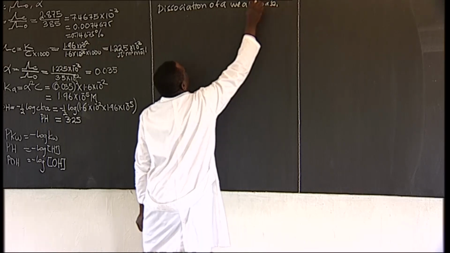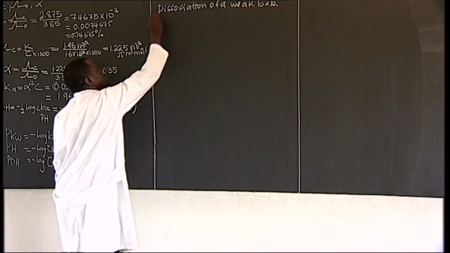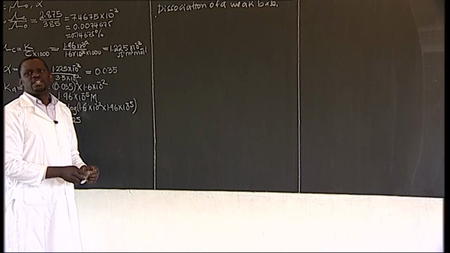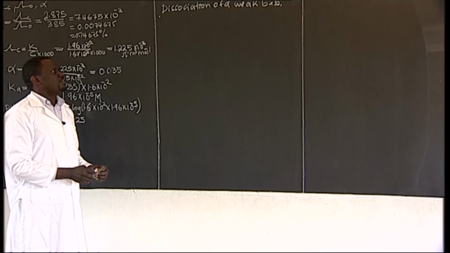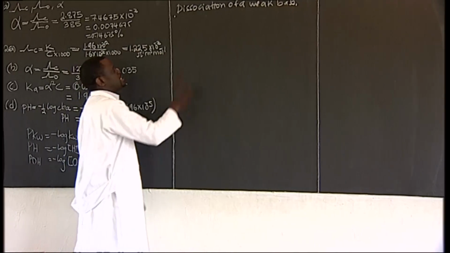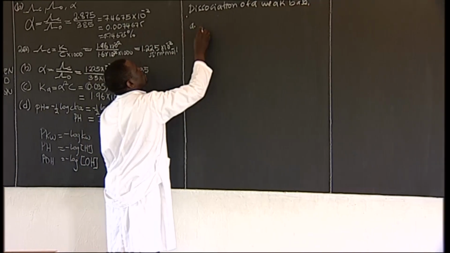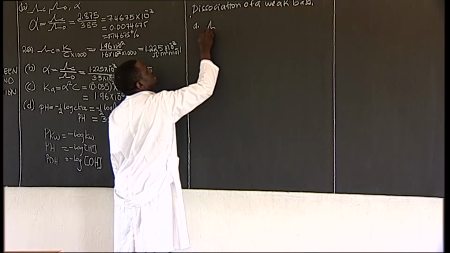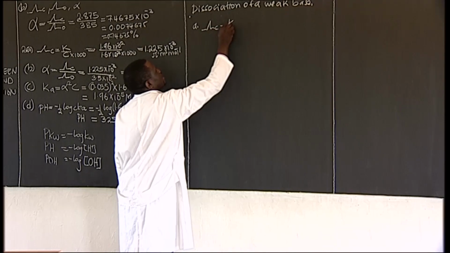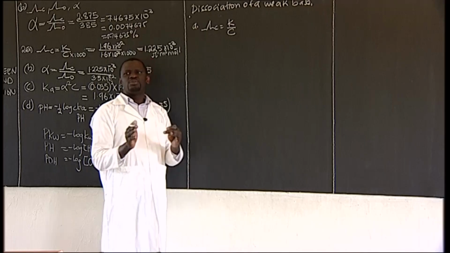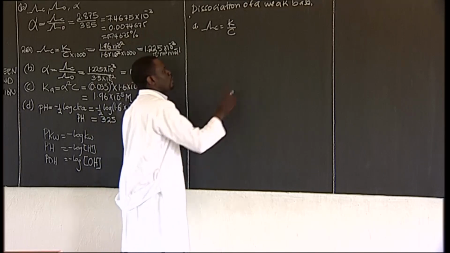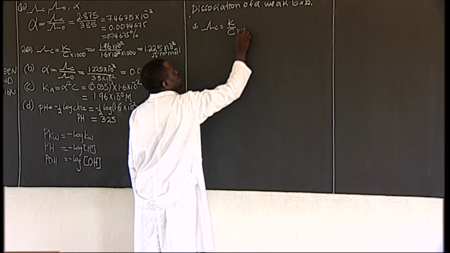And we are going to use OH because of the definition. So we are going to say that molar conductivity is equal to K over C. We look at the units, the units are in meters, so we are going to divide this one by 1,000.